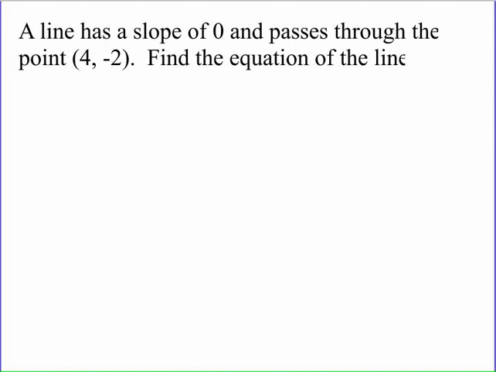A line has a slope of 0 and passes through the point (4, -2). Find the equation of the line. If it's got a slope of 0, it's a special line, right? It's either a horizontal or a vertical line, so it's either x equals something or y equals something.